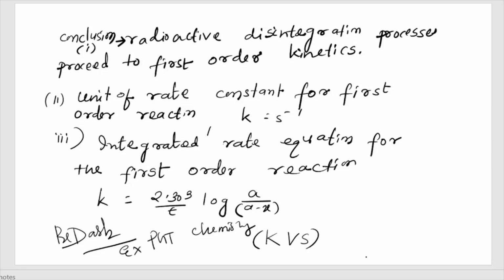The integrated rate equation for the first order reaction is k equal to 2.303 by t log a by a minus x. This is the first order reaction.